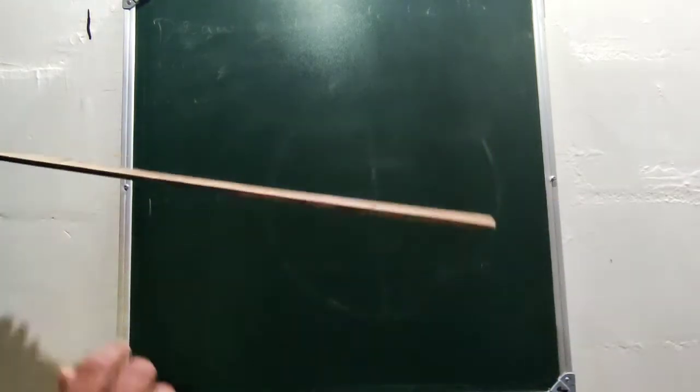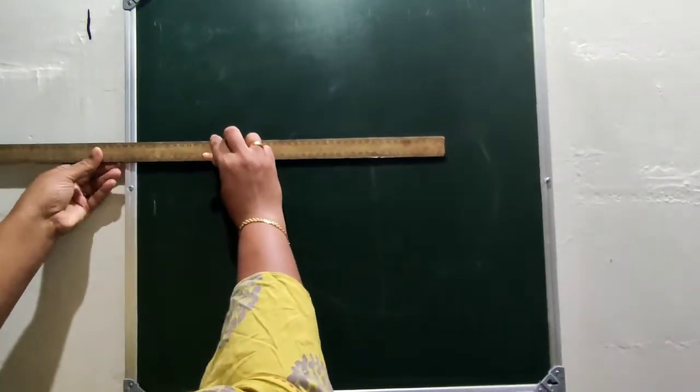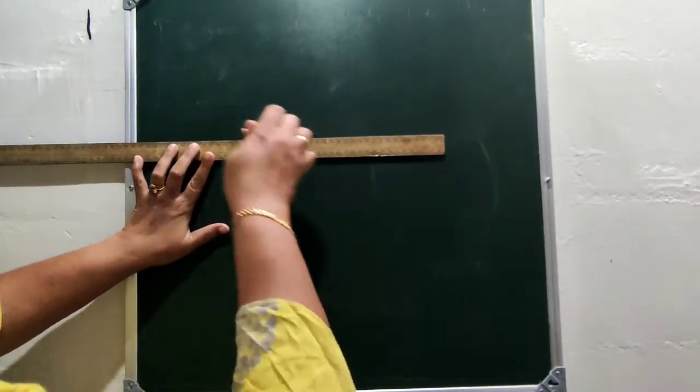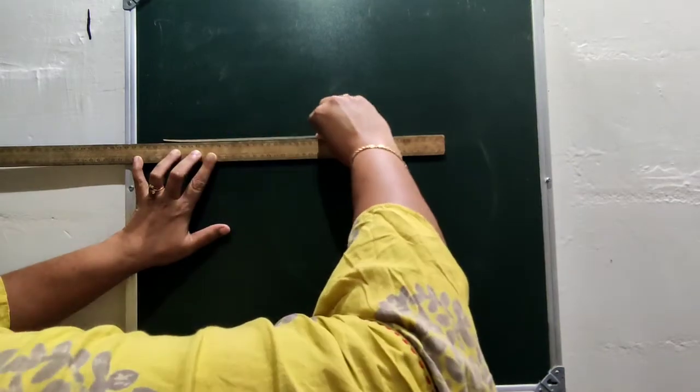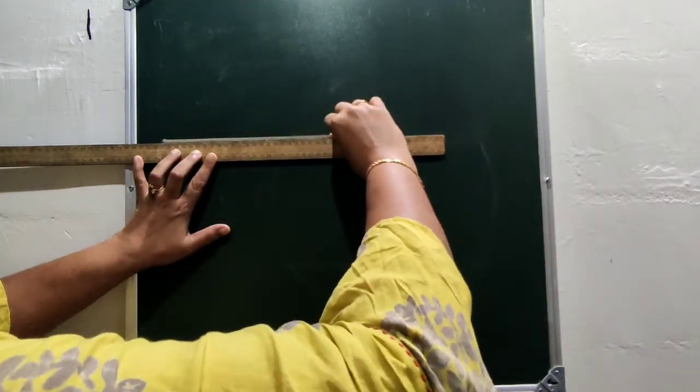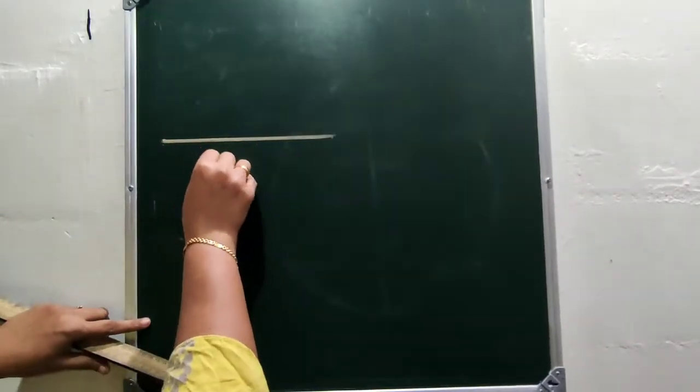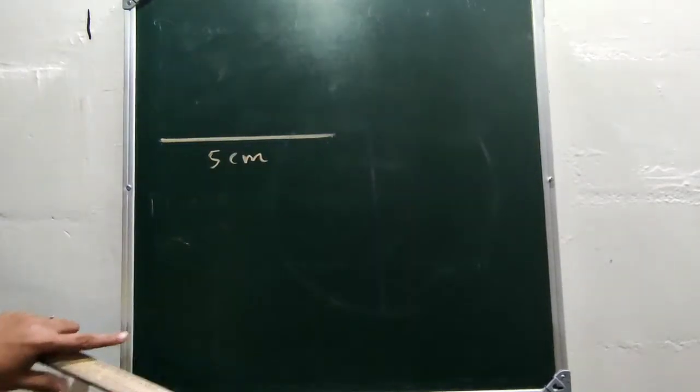So the first step is to draw a rectangle of length 5 cm and breadth 3 cm. For that, first draw the line of length 5 cm. This is length 5 cm.